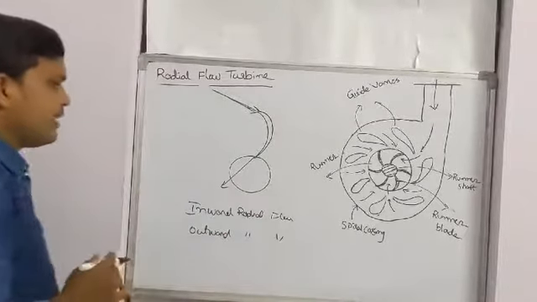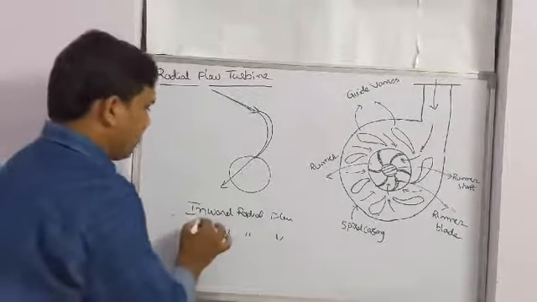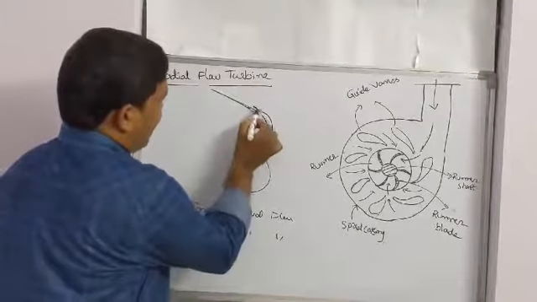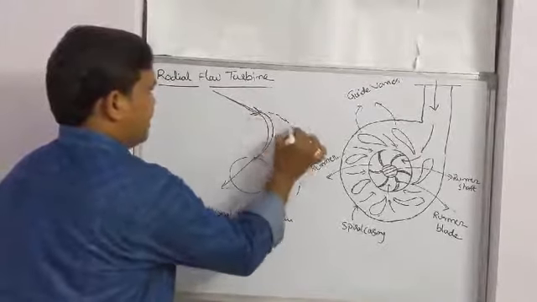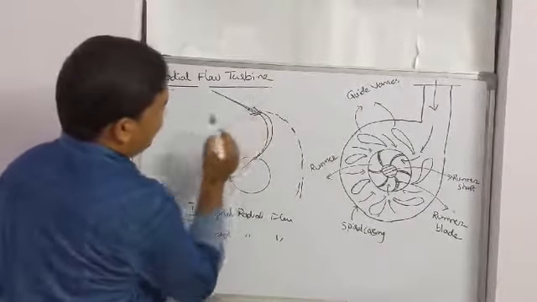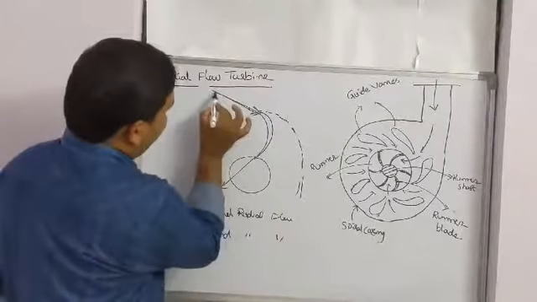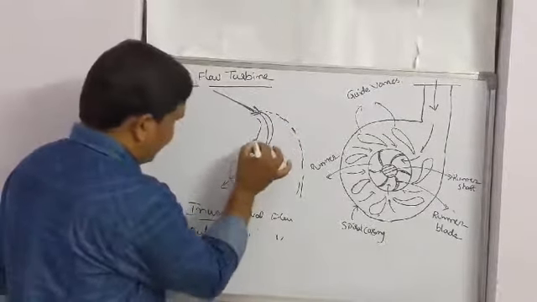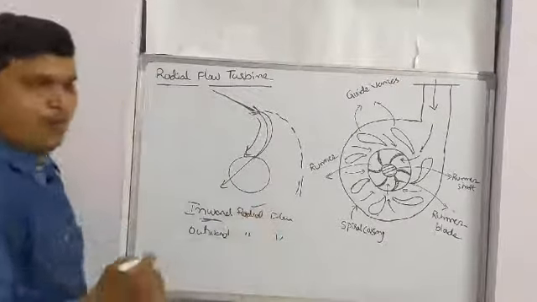Inward radial flow means the water touches the outer periphery. This is a spiral casing, assumed as a spiral casing. The water enters at the outer radius of the wheel and leaves from the inner radius, moving inward. So this is called inward radial flow.